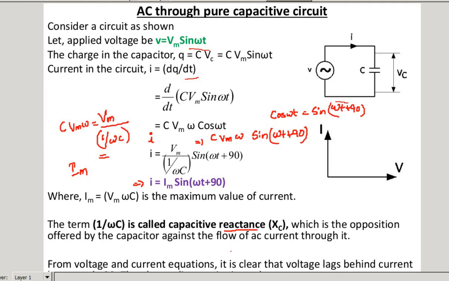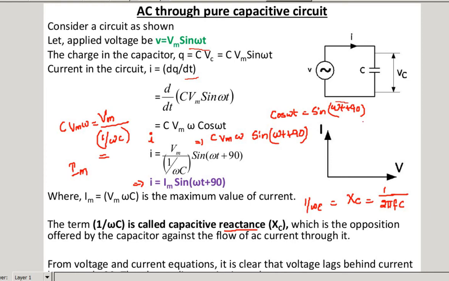It is the opposition offered by the capacitance against the flow of AC current through it. So Xc is equal to 1 by omega c, and by applying omega equal to 2 pi f, we can rewrite this as 1 by 2 pi f c. This is the expression for capacitive reactance.